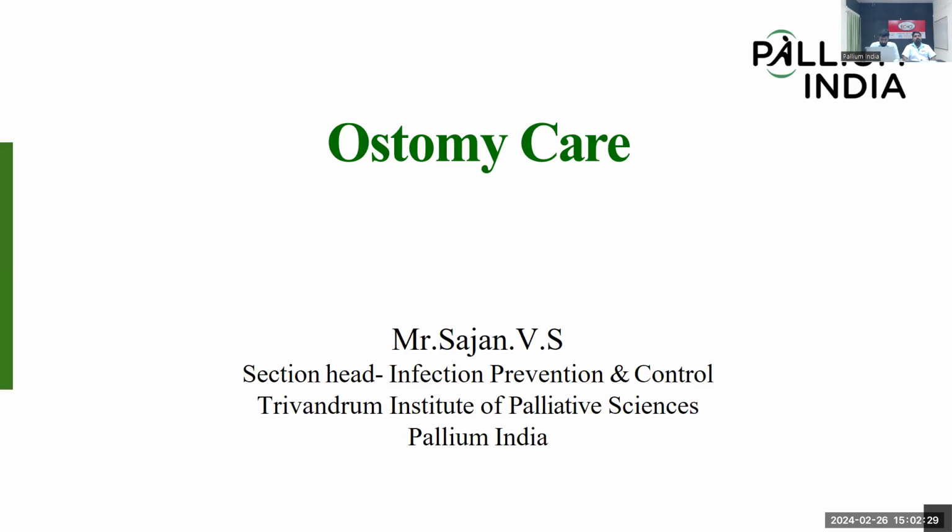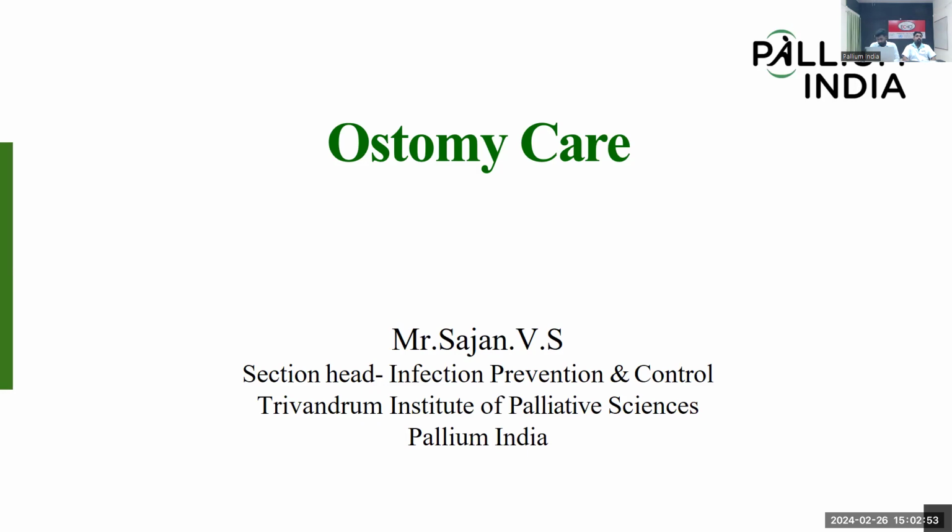Permanent basis means that due to the disease condition, the part of the organ or the organ itself is permanently removed, so the normal pathway can't lead to the orifice. So we prepare an artificial opening, and that opening will be there till the death of that patient.